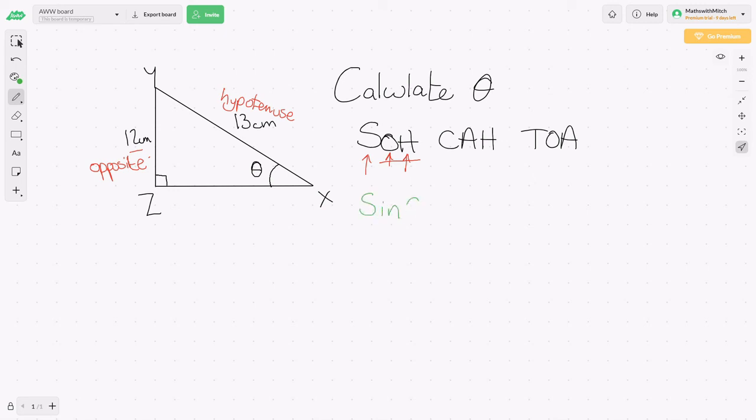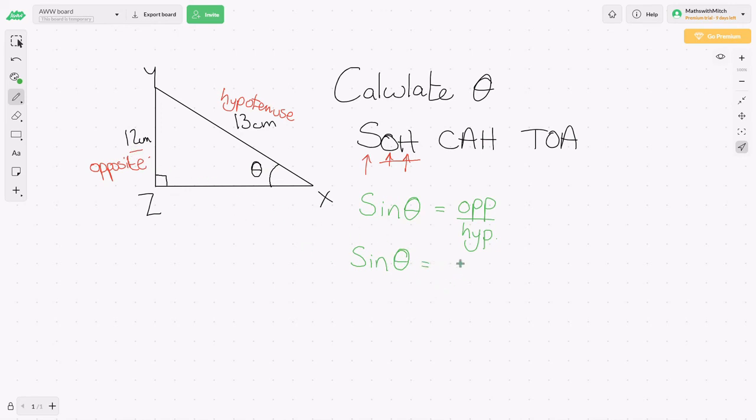So we said for sine theta, that equaled opposite over hypotenuse. So let's plug in our numbers and think about what we've got now. So we say sine of, we're trying to find theta, so we don't have the number for it in degrees yet, that's what we're trying to find.